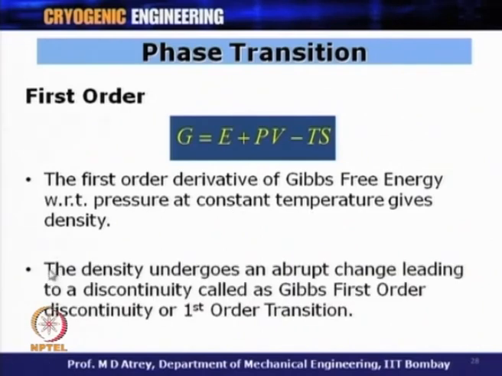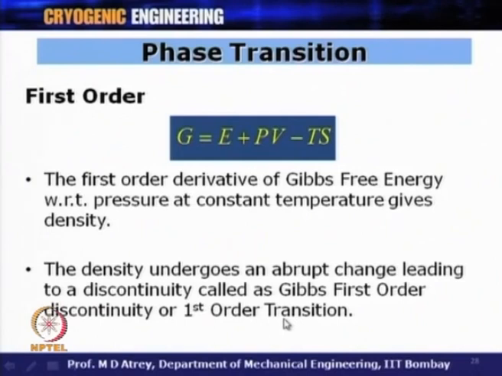This density, which is the first order derivative of the Gibbs free energy, undergoes an abrupt change leading to a discontinuity. Whenever this kind of phase transition of first order nature happens, the density undergoes an abrupt change, called the Gibbs first order discontinuity, or first order transition.